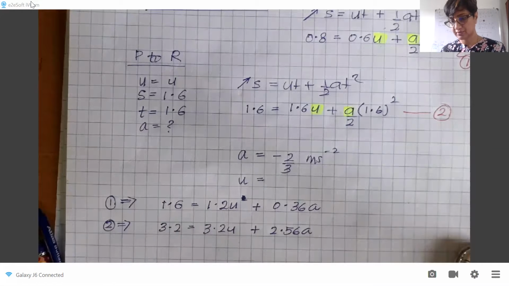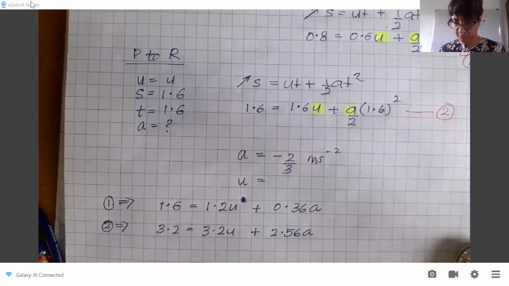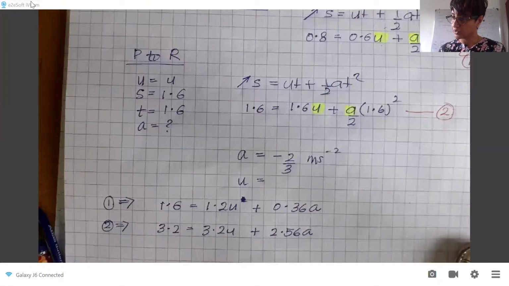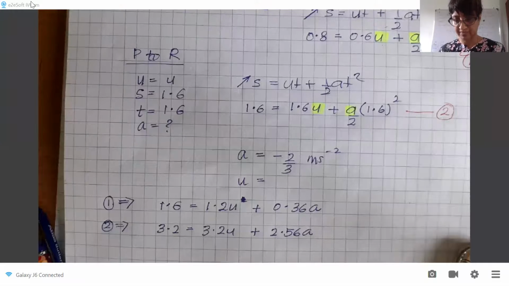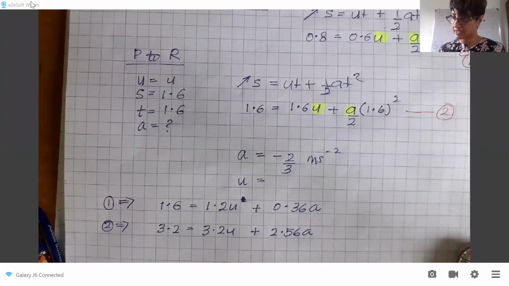Two unknowns, a1 1.2, b1 0.36, c1 1.6, a2 3.2, b2 2.56, c2 3.2.